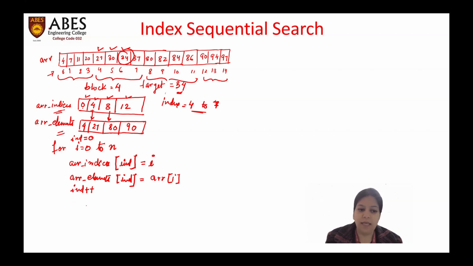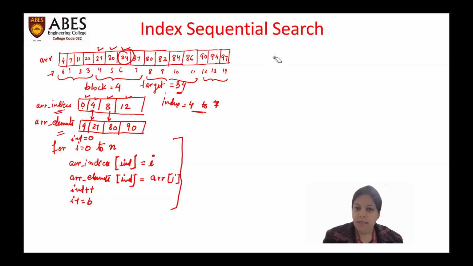Suppose the block size is stored in a variable B, then we can say that I plus equals B. So this is how we can create these two arrays to store the indexes and the corresponding elements, right?